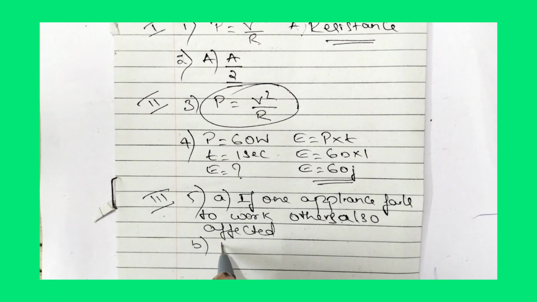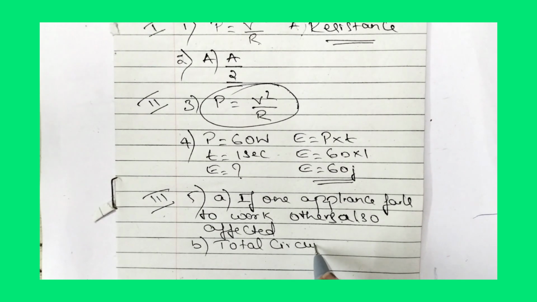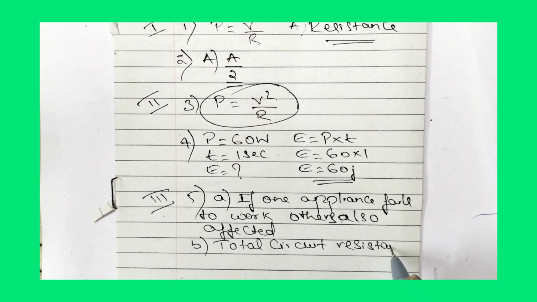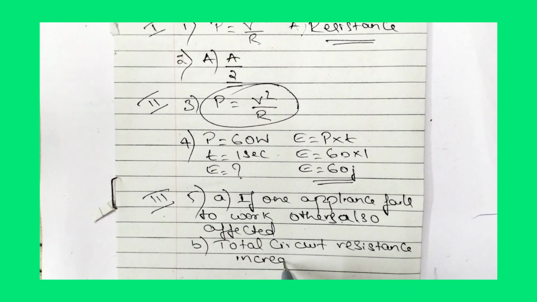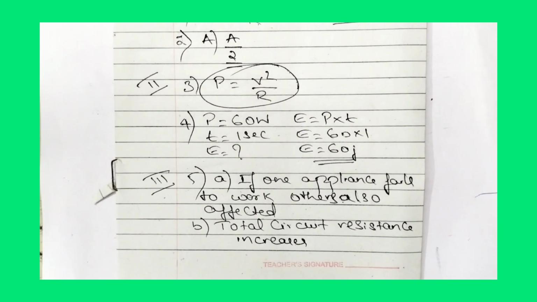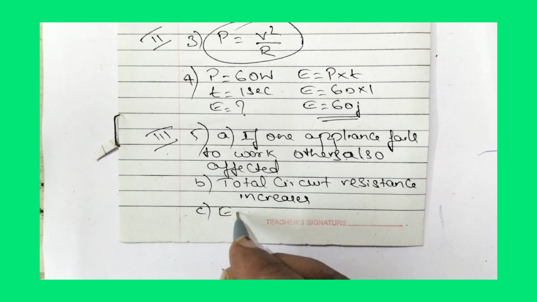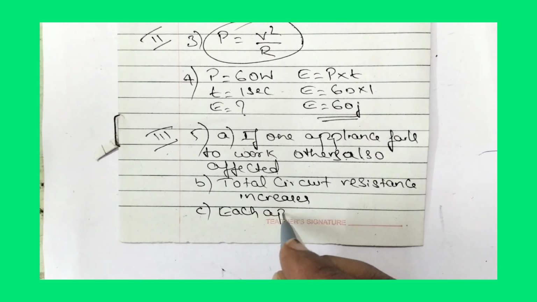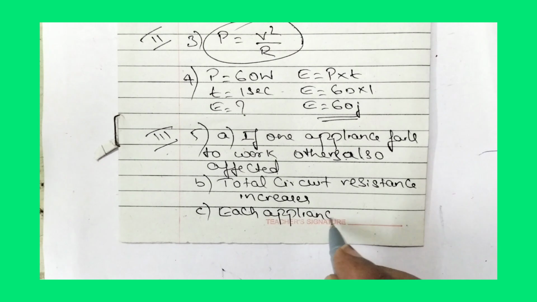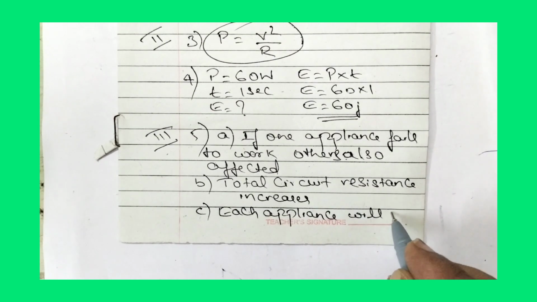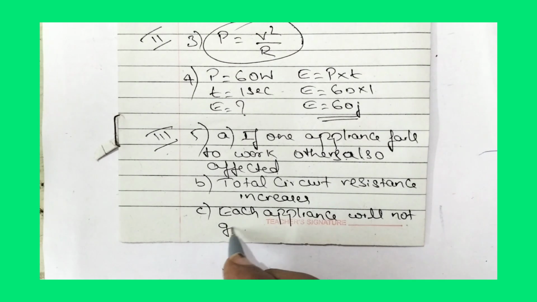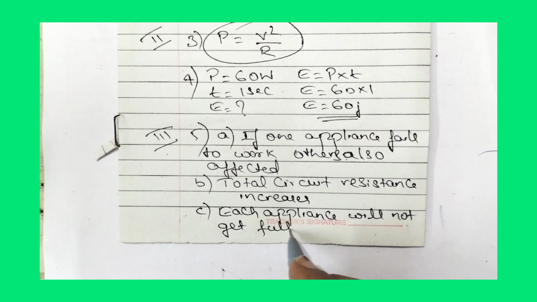Then the second point: total circuit resistance increases. This is the second disadvantage. Third disadvantage: each appliance will not get full voltage.